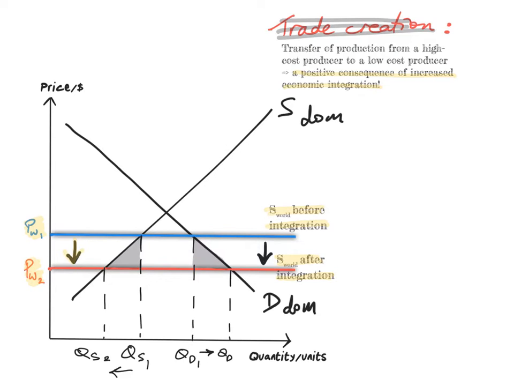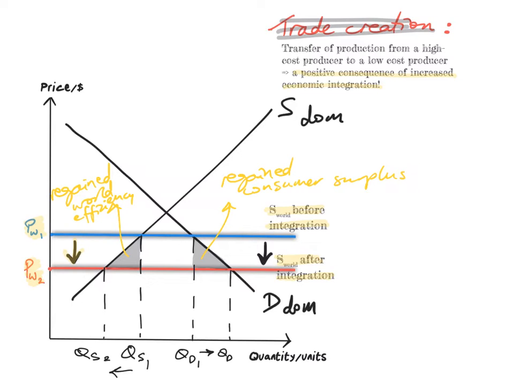Okay? This is a good thing. Why? Because you have this triangle right here. That's the regained world efficiency. And the other gray box here, that's the regained consumer surplus. So this is a trade creation situation.